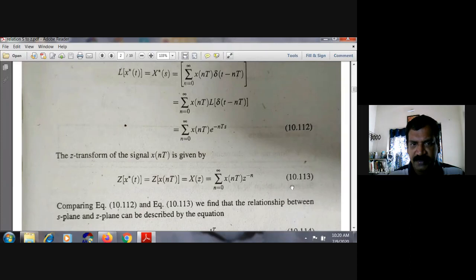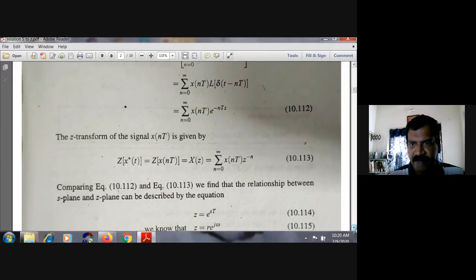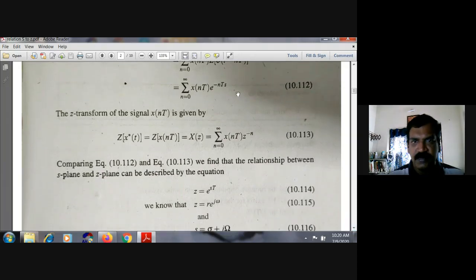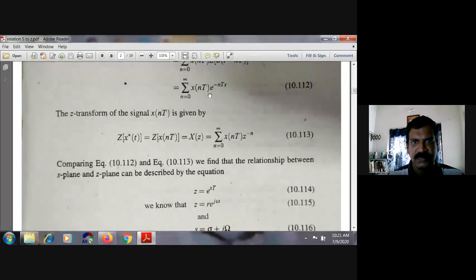Comparing the two equations, 112 and 113, we get the relation between the S domain and the Z domain. One is the Laplace transform of the shifted sequence in the S domain, and the other is the Z transform of x star of t.